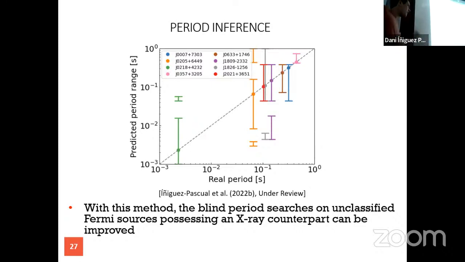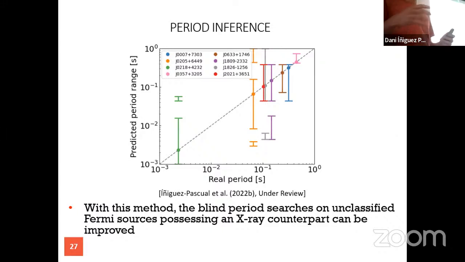So this method has indeed an application regarding the unclassified galactic sources of Fermi. Of the around 6,000 sources that the Fermi telescope has detected, 1,000 are not classified, so we do not know what these sources are.